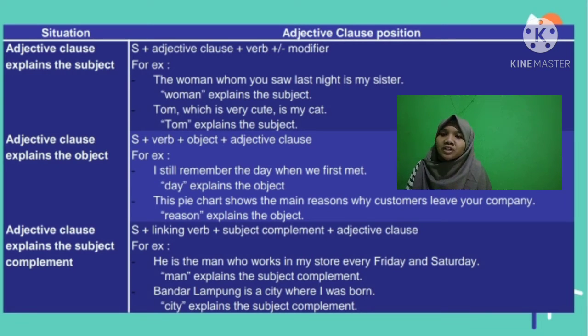The adjective clause, which is very cute, describes the subject Tom. Okay, and the next situation is the adjective clause explaining the object. The formula is subject plus verb plus object plus adjective clause. The first example: I still remember the day when we first met.